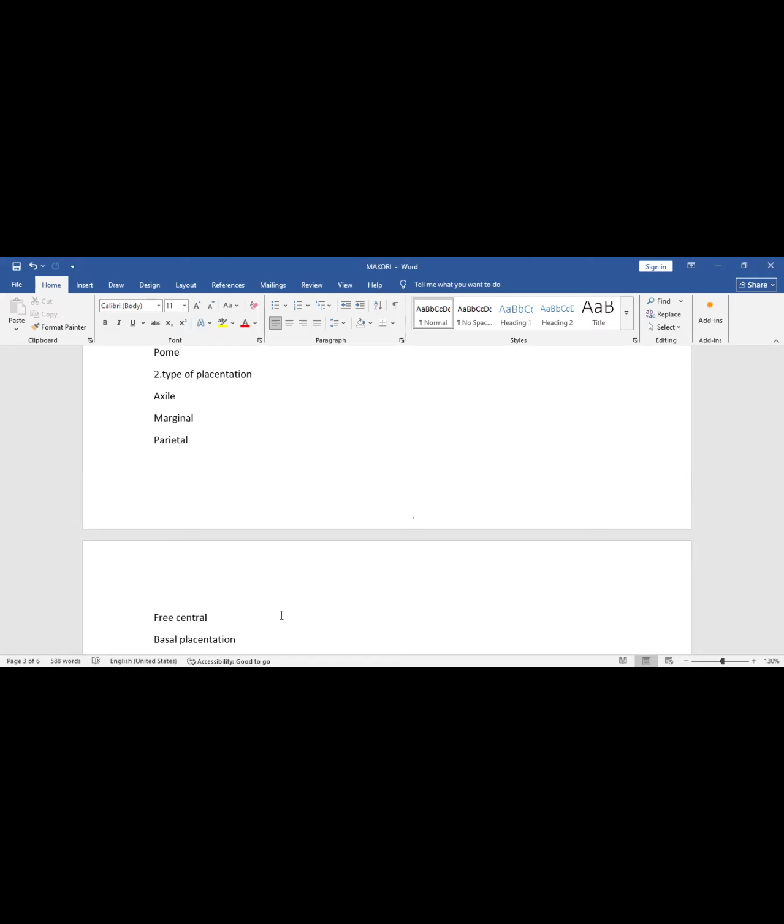Then we have got the free central. The placenta is on the central region, and the ovules are attached to this central placenta. We refer to that type as the free central placentation. Then we have got the basal placentation.